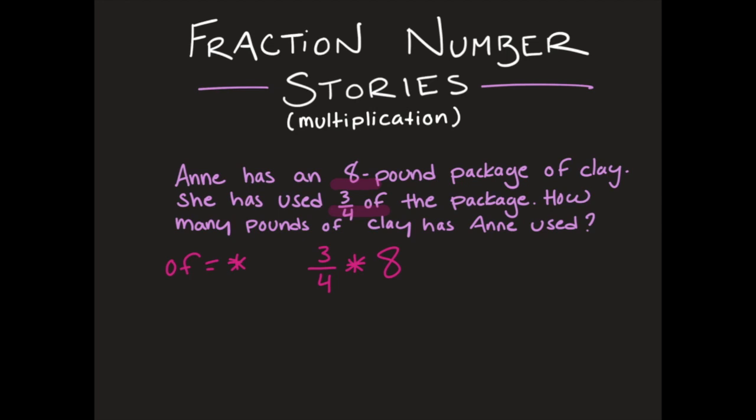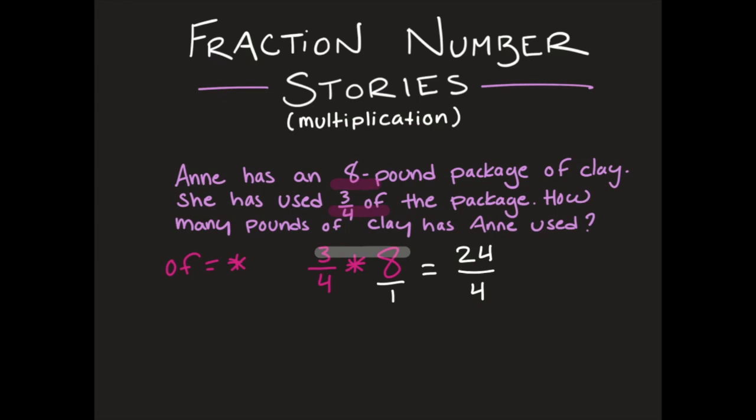To do this problem, I'm going to put my whole number over 1 always. Then I'm going to multiply across. 3 times 8 gives me 24. 4 times 1 is 4. Now I am left with an improper fraction, so I'm going to have to fix that.